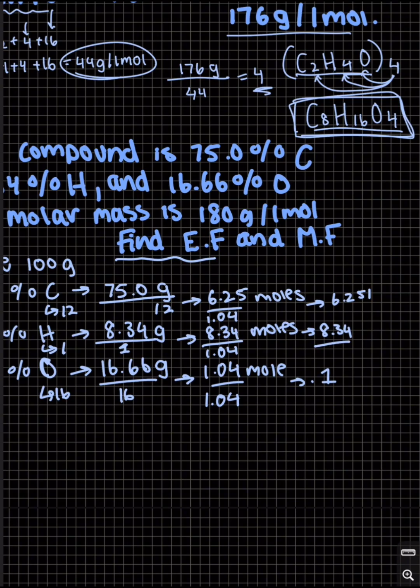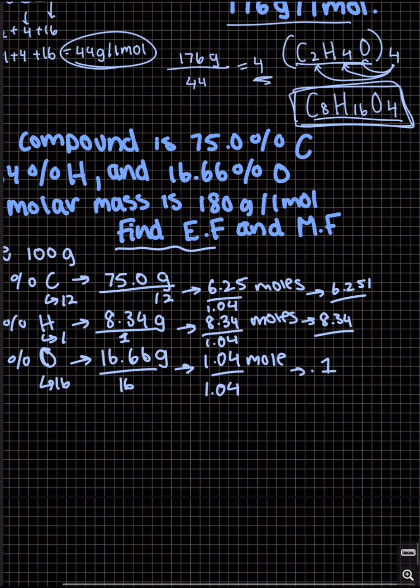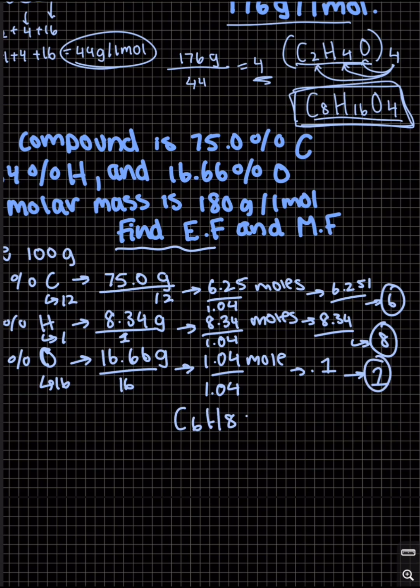These numbers are pretty close to whole numbers, meaning you can say this subscript is 6, this subscript is 8, and this subscript is 1, so the empirical formula is C6H8O. That's your empirical formula.